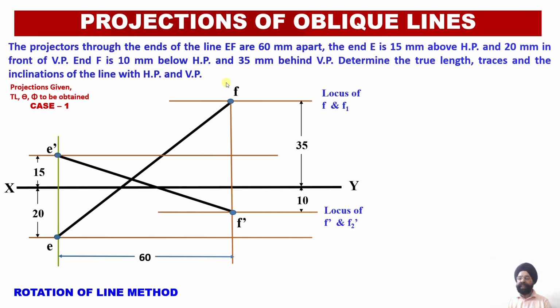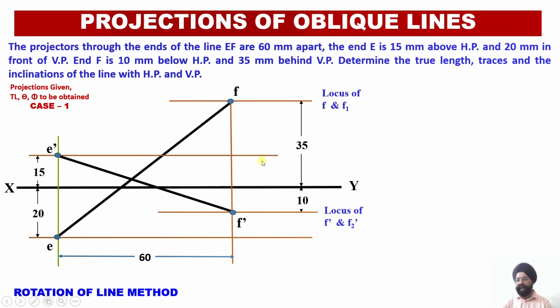What are my fundamentals? Both in the front view as well as in the top view, I have to make one rotation. Why rotation? Because I have been provided with the projection, and you can rotate your front view to make it parallel to the HP.